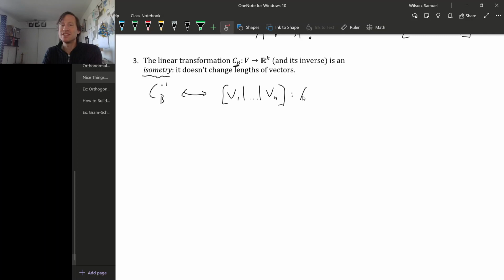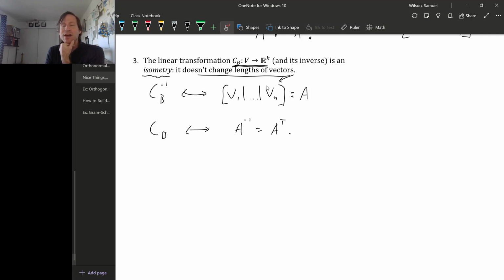In other words, it's this A that we were working with earlier. That means that the matrix for this coordinate transformation, C sub B, is A inverse. But remember, if this basis is orthonormal, then the matrix A is orthogonal, which means that its inverse is just its transpose.